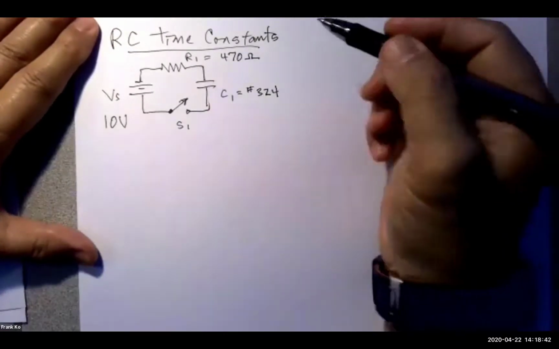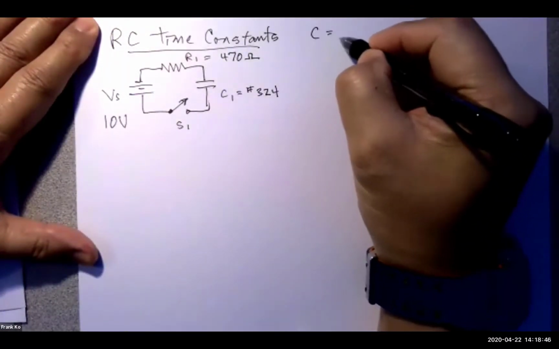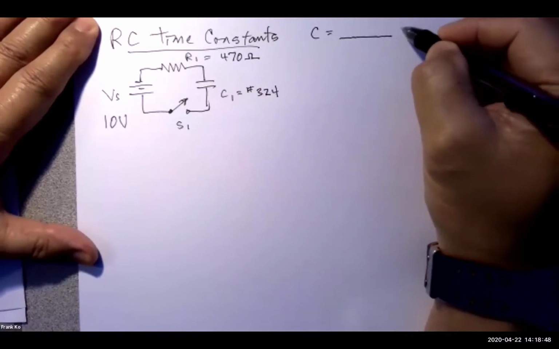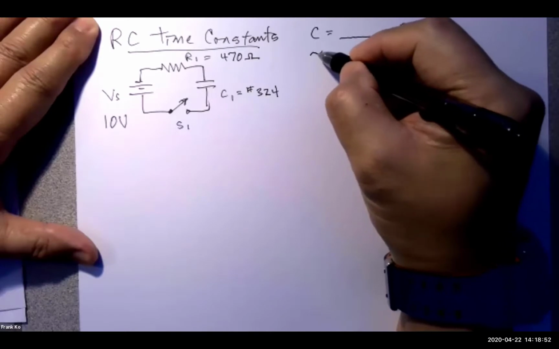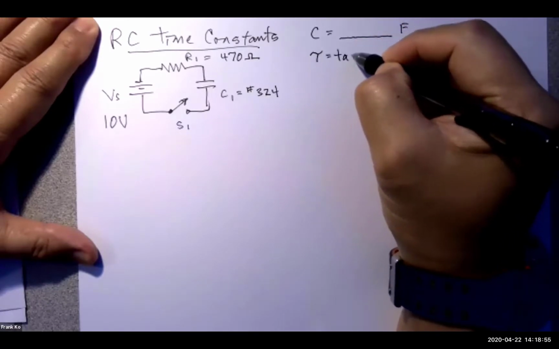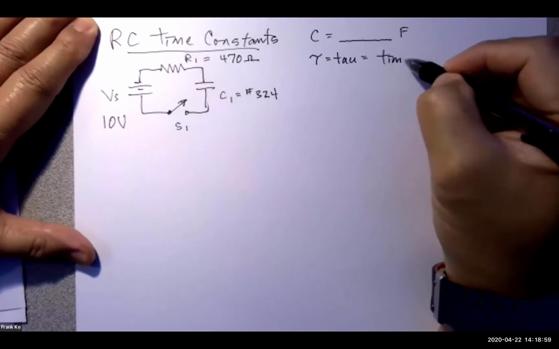Okay, so what we need to do is, first of all, C is equal to some kind of farads. And then we're going to calculate TAU, and that's equal to time constant.